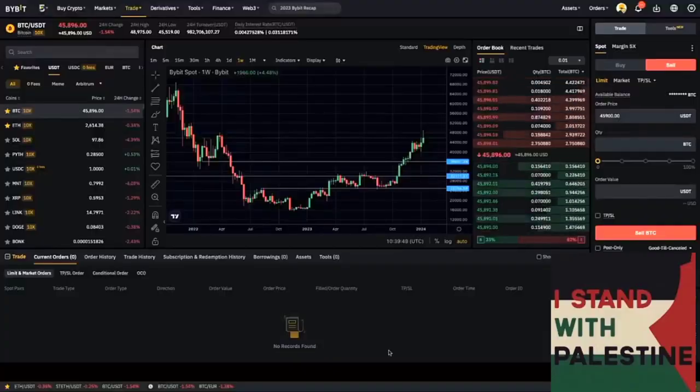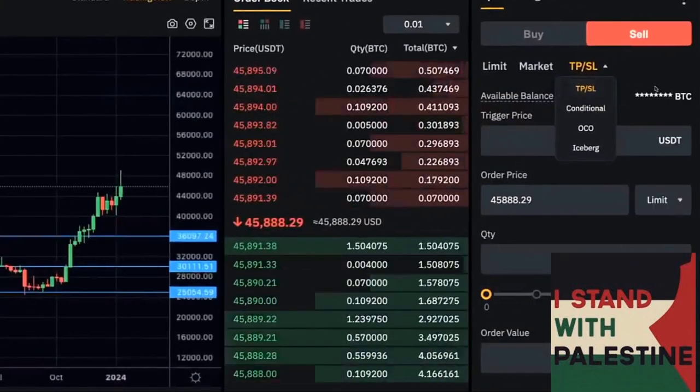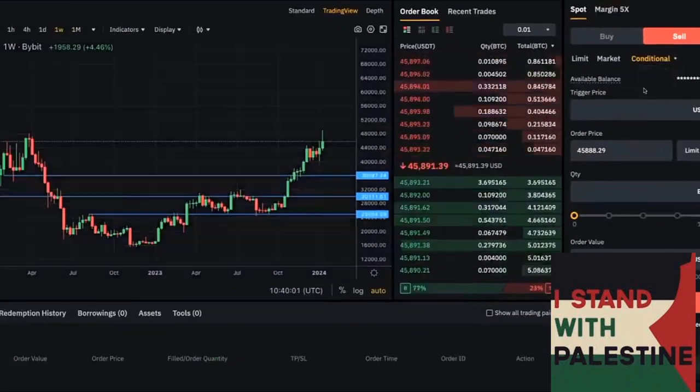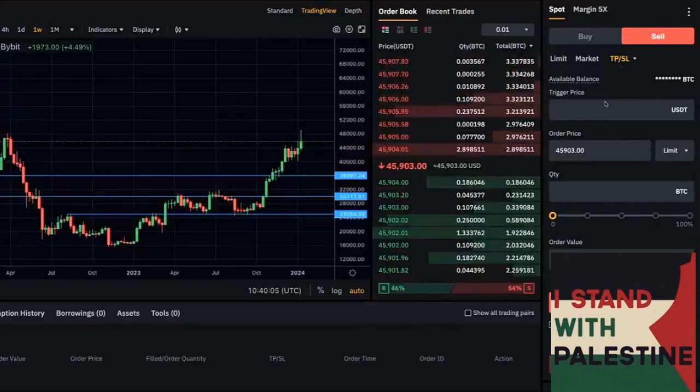There is also a way to take losses or profits with automatic orders. So if you have an amount that the order is there, so you own some BTC, you can use what's known as trigger orders or conditional orders, otherwise known as TPSL. So you can see that here. If you press conditional, it's actually exactly the same order. What this does is puts in a trigger order for you to do something.